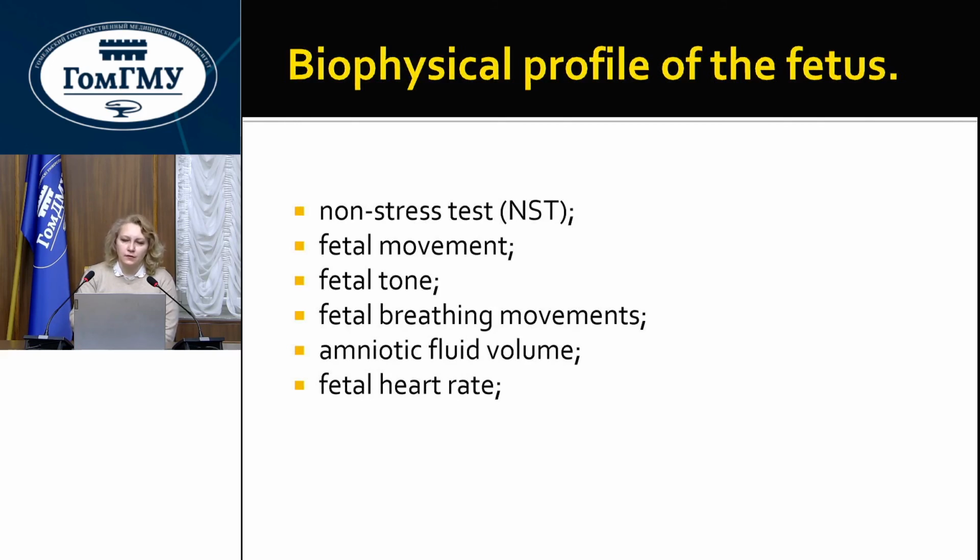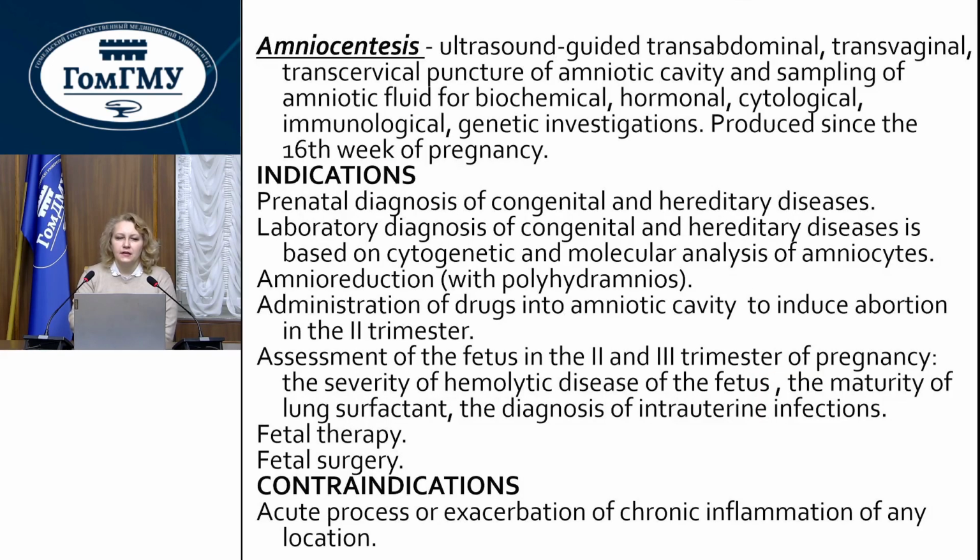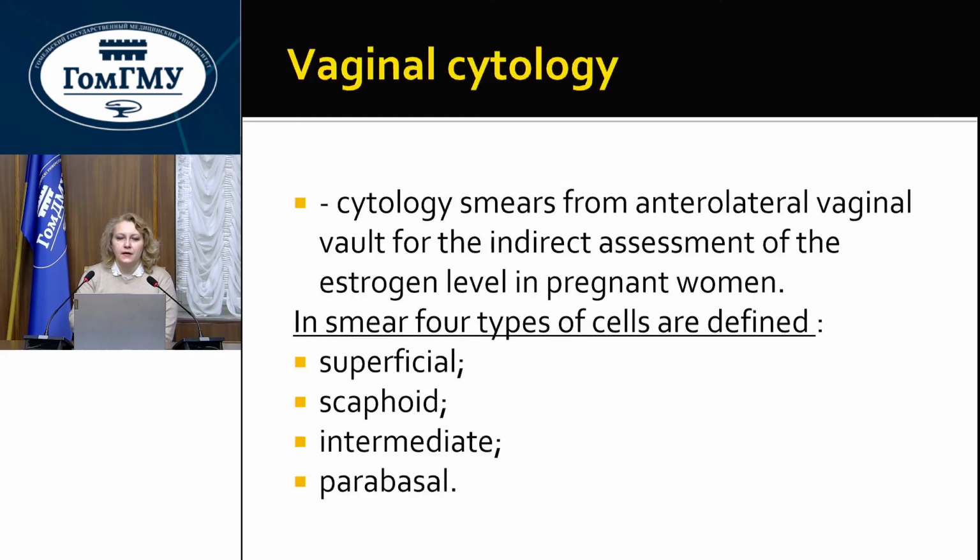Biophysical profile of the fetus. Also, it takes a lot of time, and that's why it's not very widespread, but you should know about it. And methods for detection of fetal abnormalities. It can be amnioscopy, it can be amniocentesis, which give us a lot of information, but it has some complications and contraindications.